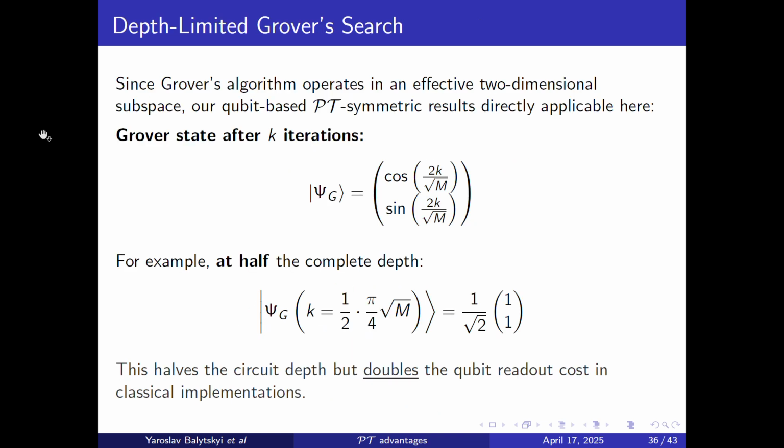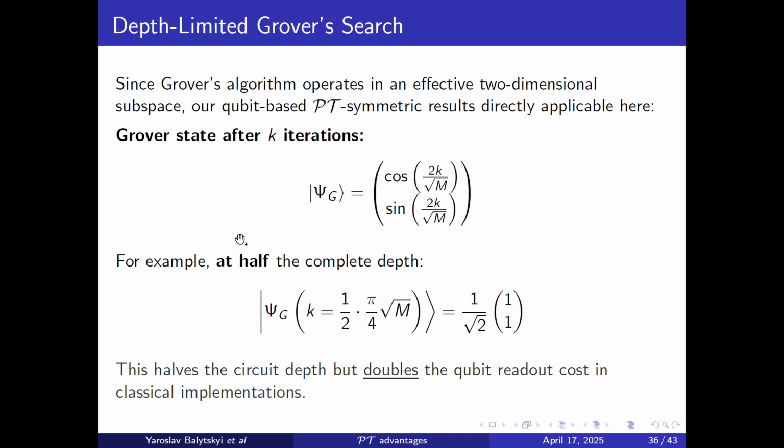Okay, so now similarly we can apply this to the depth-limited Grover search algorithm. Since Grover's search algorithm effectively operates in two-dimensional space, our results which we derived for a qubit are directly applicable here. So as you can see, this is the Grover state after k applications of the oracle, right?